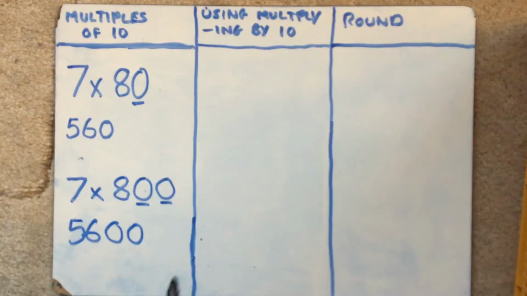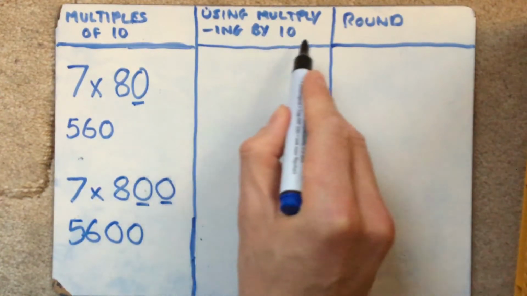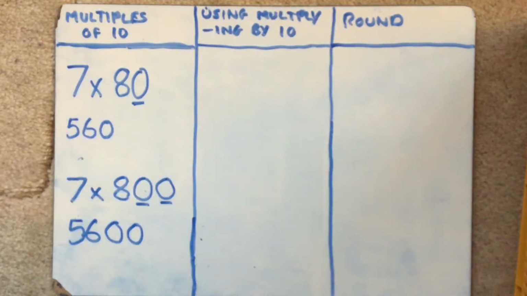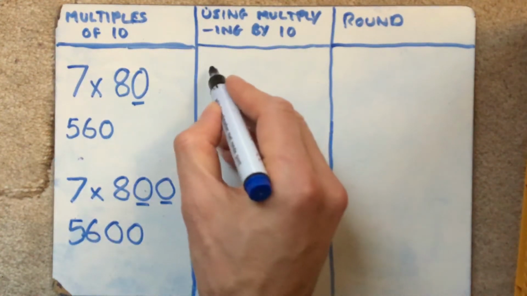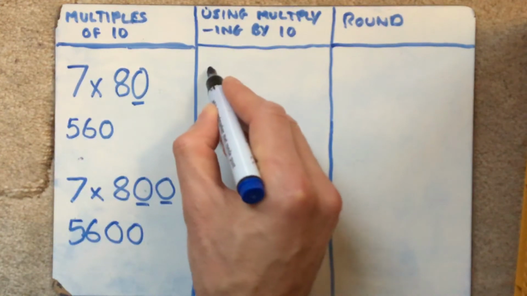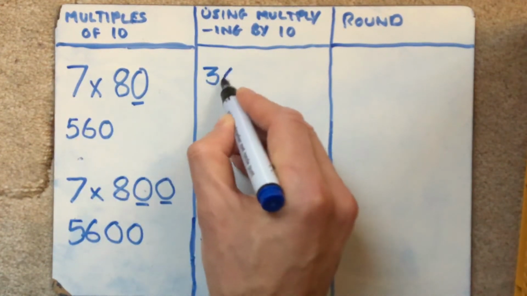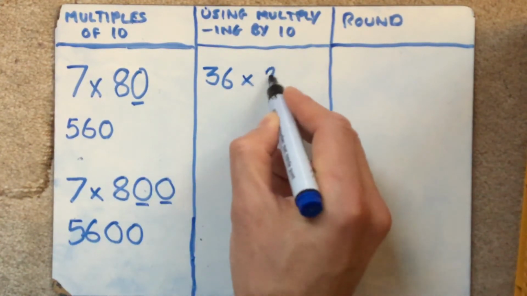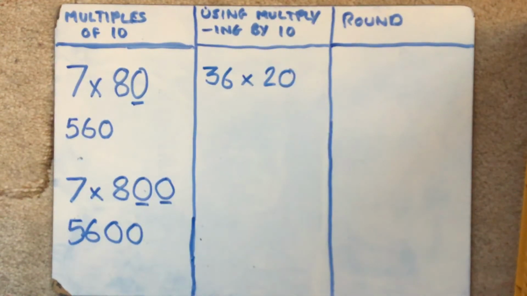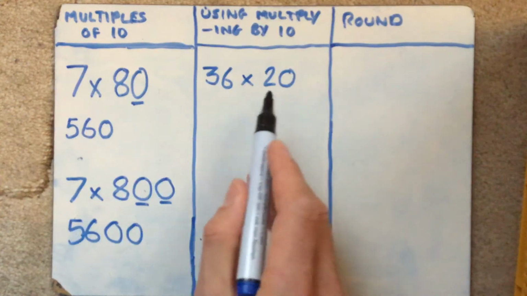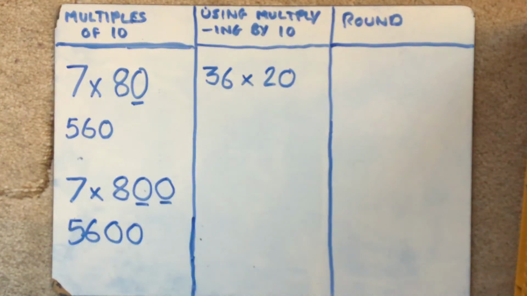Okay, so that's a strategy that you already know and you can use this morning. Our second strategy, though, is using our knowledge of multiplying by 10 to help us multiply in our head with bigger numbers. The first example I want to look at is 36 multiplied by 20, which is quite a big multiplication. But I know that 20 is 2 lots of 10. So I can split this up effectively into 2 questions.